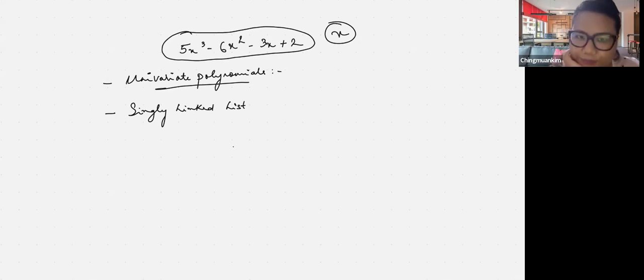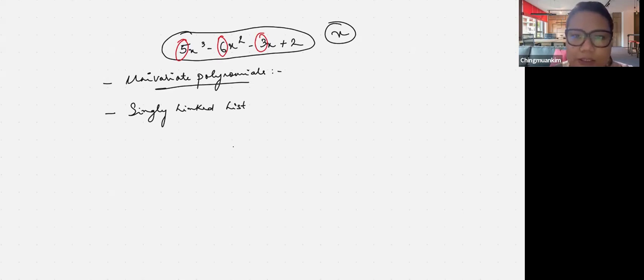And in a polynomial, we have coefficients. What are coefficients? Coefficients are these numeric values, all right? And we also have exponents, right? So what are exponents? Exponents are these ones. You see?